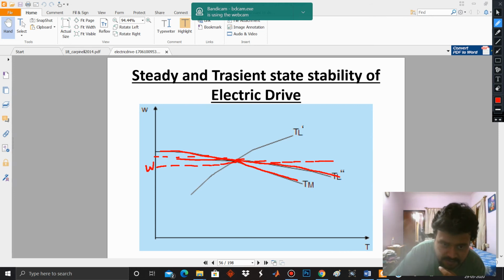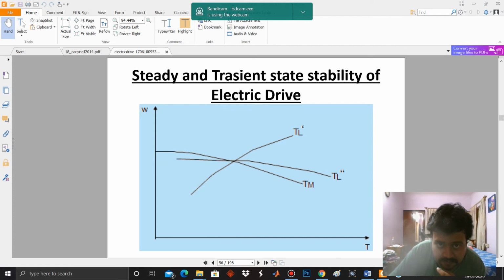So now here you see what is happening. There is an acceleration to omega 2. So now omega 2 is intersecting tau L over here. So let us redraw this once more.